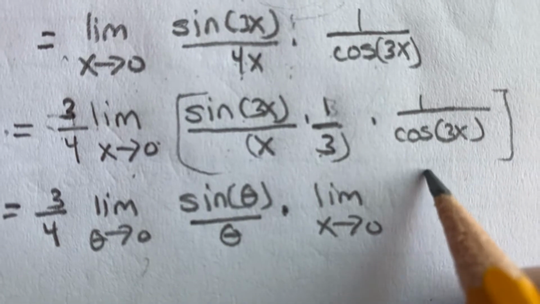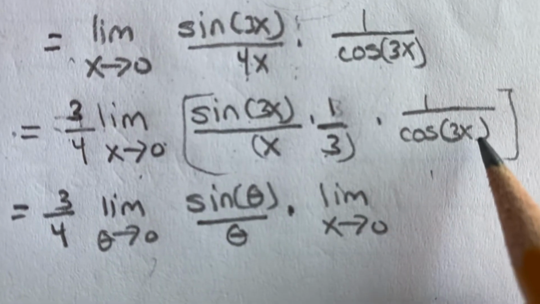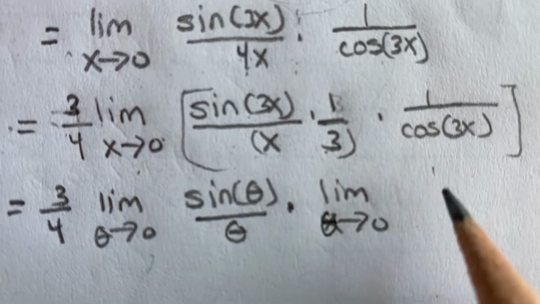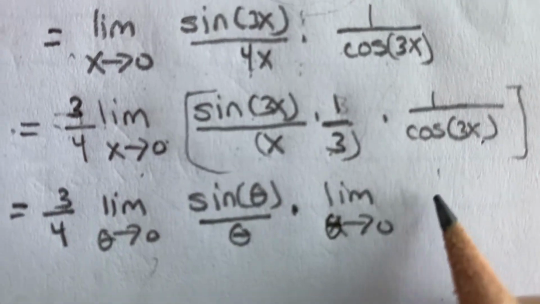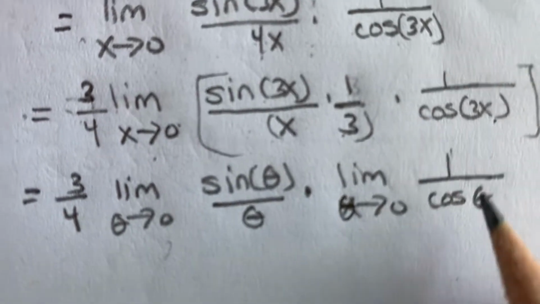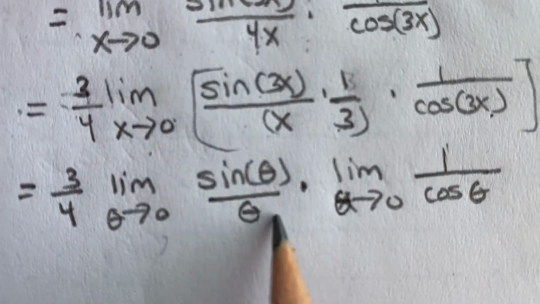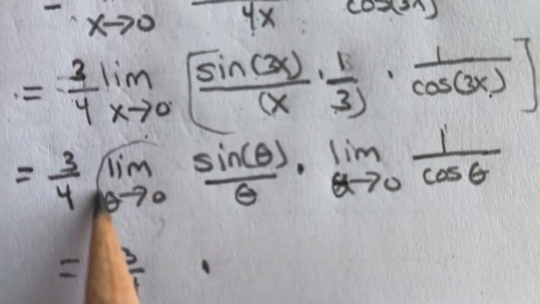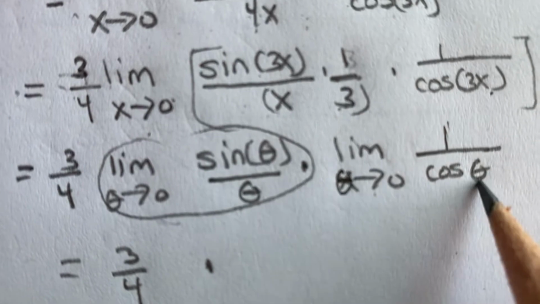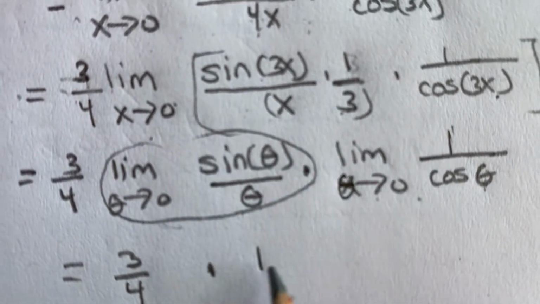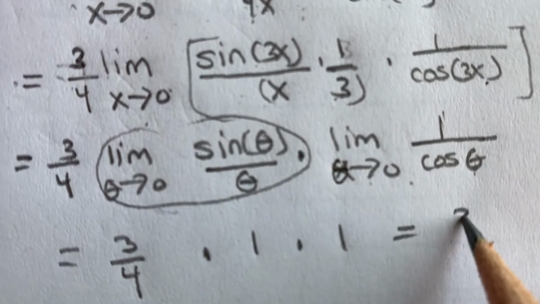It's up to you, okay? So let's do that, actually, because we already said this is 1 over cosine of theta. And this guy right here is just going to go to 1, right? If you plug in theta, it's 0. Cosine 0 is 1. So 3/4 times 1 times 1 is just 3/4.